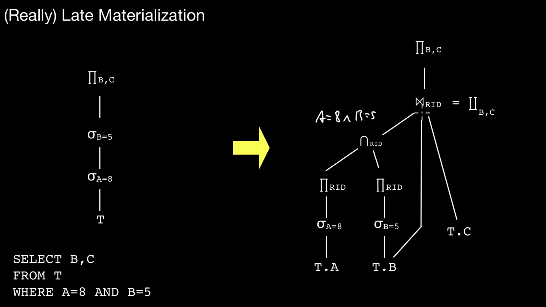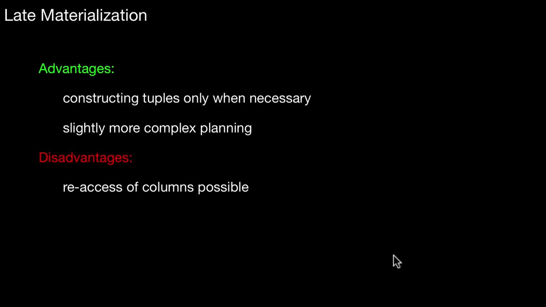Of course, this only makes sense if you are able to selectively, to randomly access the individual values. If you scan it here again, you don't gain so much. But at the end of the day, you go back to the values of B. And that is why you have an extra edge here in this graph. Now this plan is not a tree anymore, it's really a directed acyclic graph. So this might happen, that you re-access those data values.